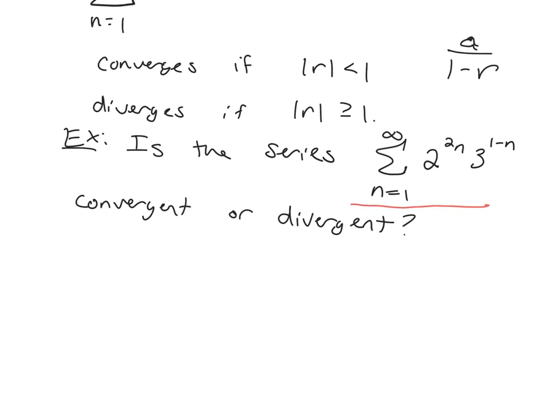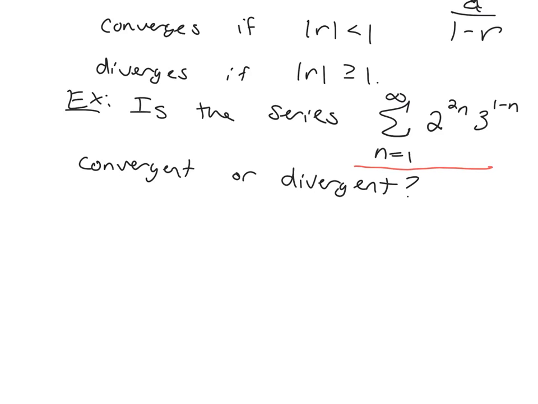Okay, so let's see how we are going to rewrite this. So let's sum from n equals 1 to infinity, 2 to the 2n, 3 to the 1 minus n. It's really made up of two pieces, right? It's made up of this 2 to a power and this 3 to a power.